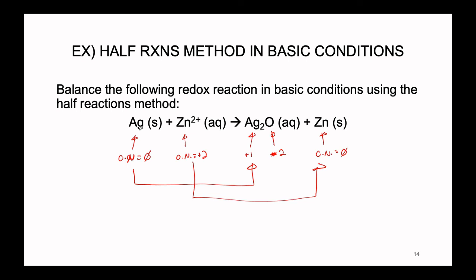And so the silver, we can see, goes from a charge of 0 to a +1, and the zinc goes from a +2 down to 0, meaning that it is the silver that is being oxidized. Since it is gaining positive charge, it must be losing negative charge. It's losing electrons. The zinc is going from a +2 down to a 0, which means that it must be gaining some negativity. It is being reduced.